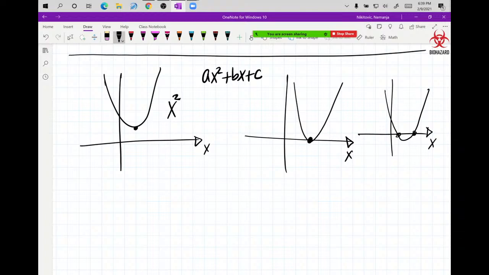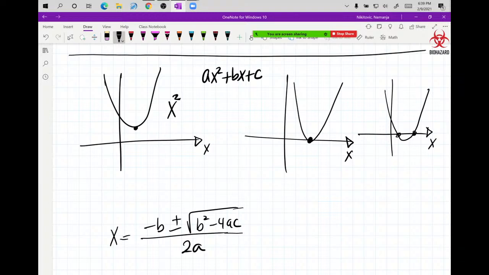And each one of those is represented now in the picture. So when you go and you say x equals negative b plus minus square root of b squared minus 4ac divided by 2a, okay, when you have this, you can have 3 separate possible answers.